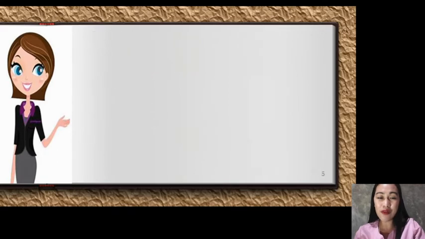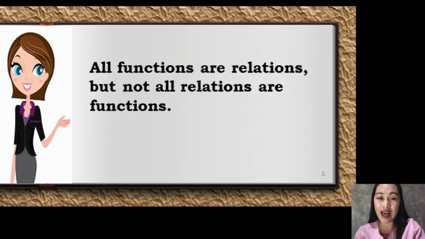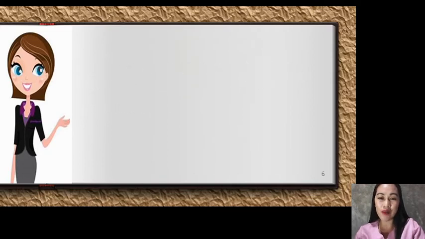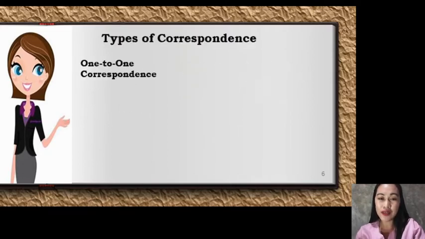Before we proceed, remember that all functions are relations, but not all relations are functions. We have types of correspondence. The first one is one-to-one correspondence.